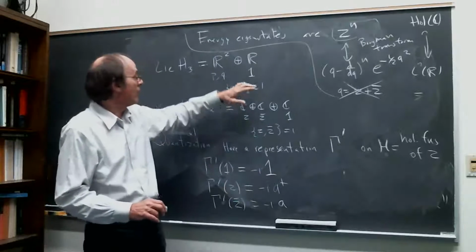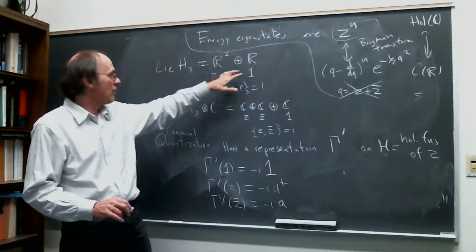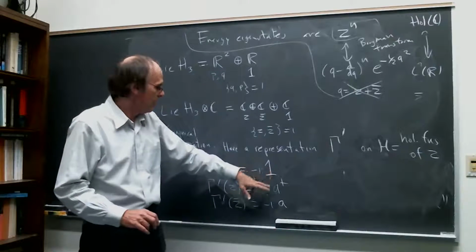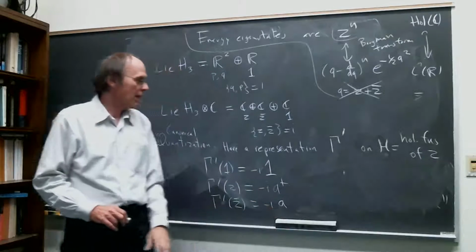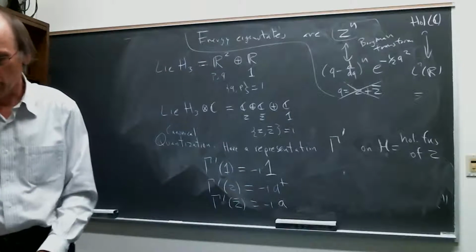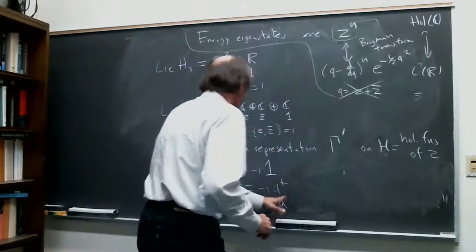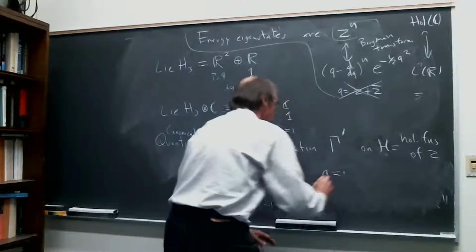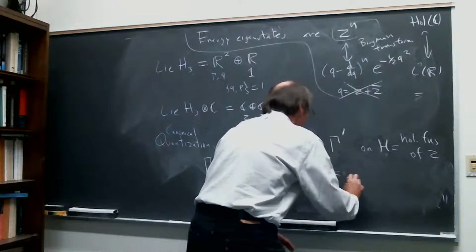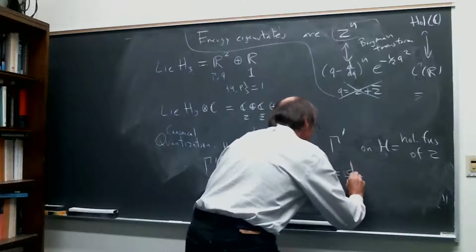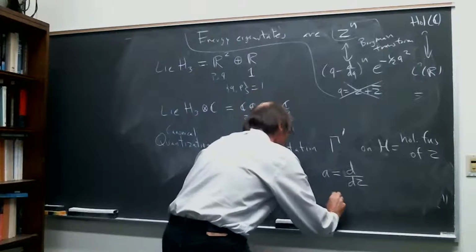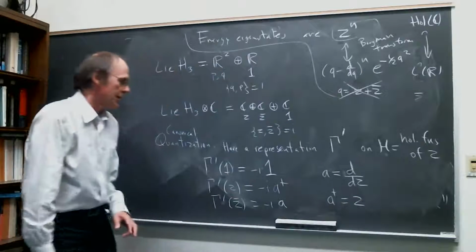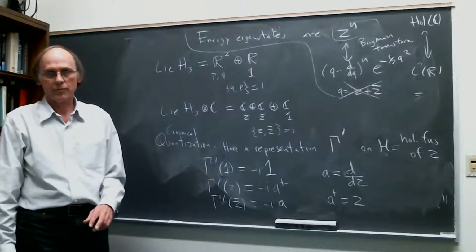And instead of everything being in terms of operators big P and big Q, here it's going to be these guys. And you take A equal to d/dz, and A dagger equal to Z, to get the right commutation relation.